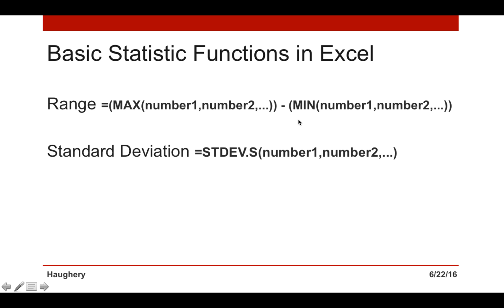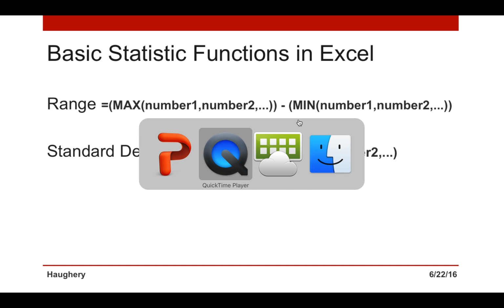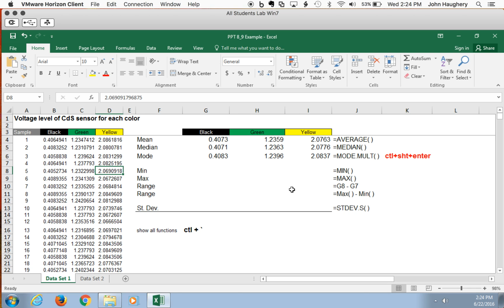So we're going to turn now to the statistics in Excel, and we're going to just go through again briefly these functions in Excel. So we'll flip over to that. And again, I have this same file here, example for PowerPoints 8 and 9.